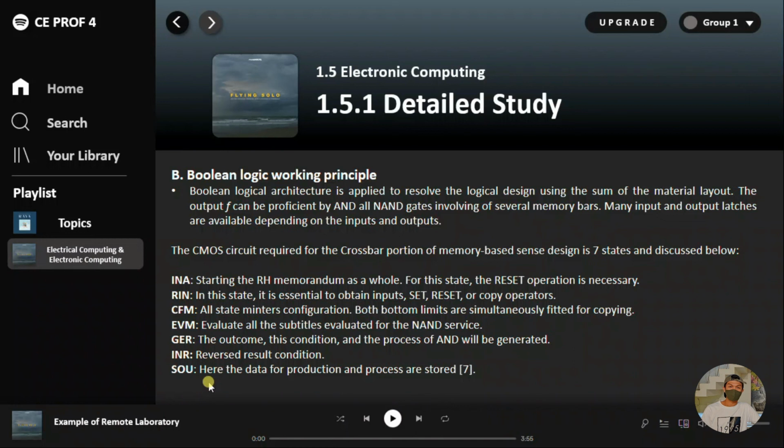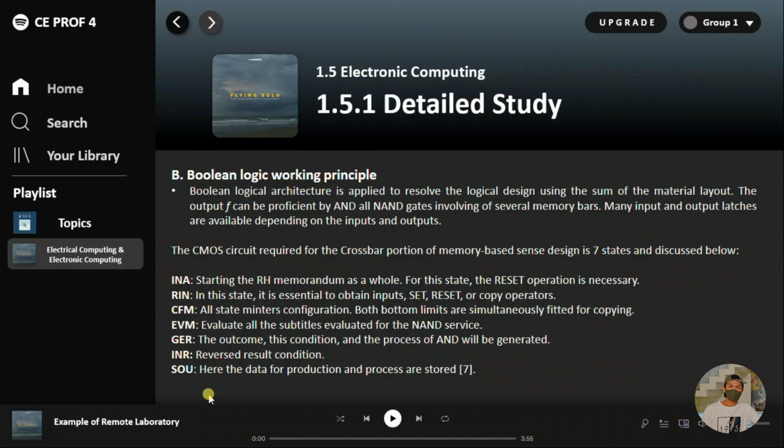The CMOS or complementary metal oxide semiconductor circuit required for the crossbar portion of the memory base since the design has 7 states, discussed below. So we have 7 states. First is the INA. Starting from RH, the high.